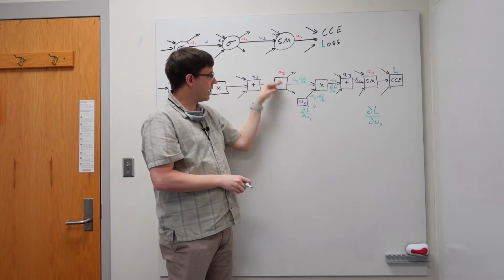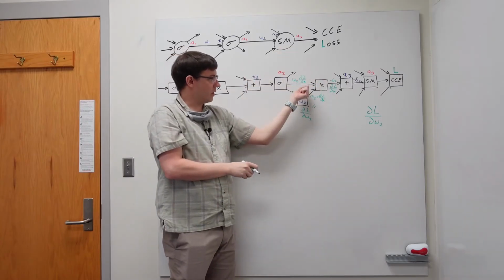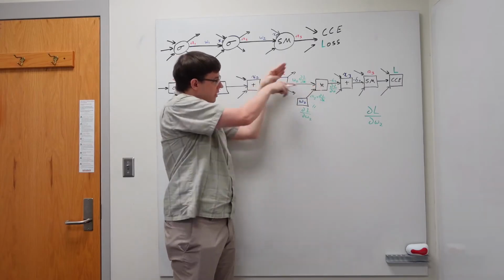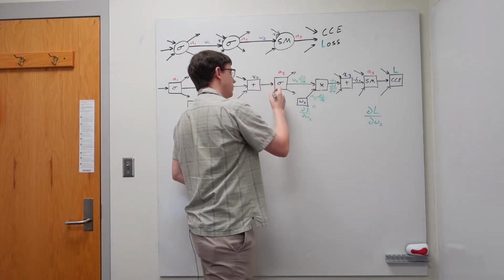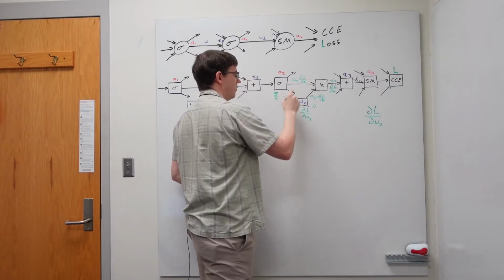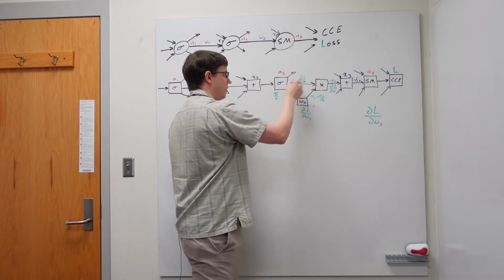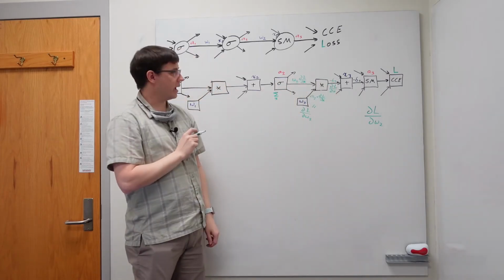So here we get a sum over all of these derivatives that we're carrying back for each of the nodes that it feeds into. So here we get a sum over all of these multiplications in the next layer of the derivative that we're carrying back here.